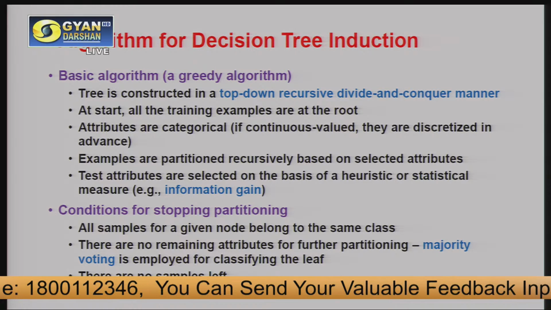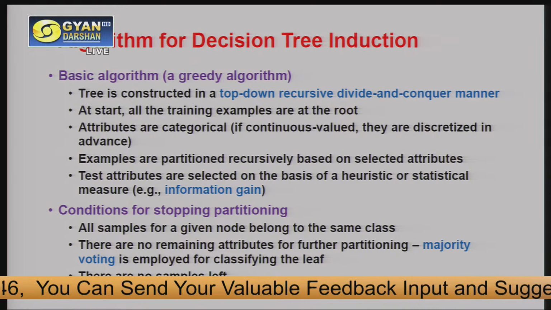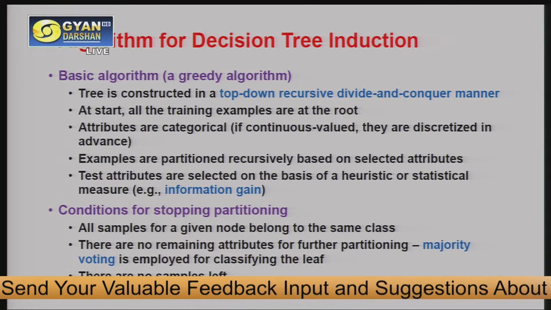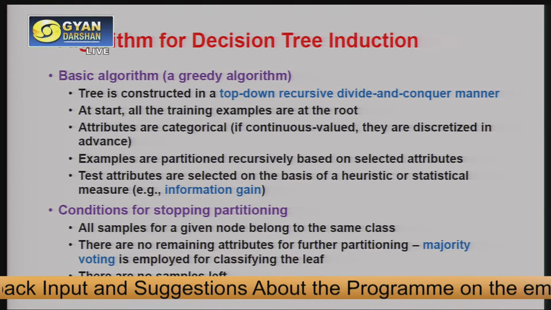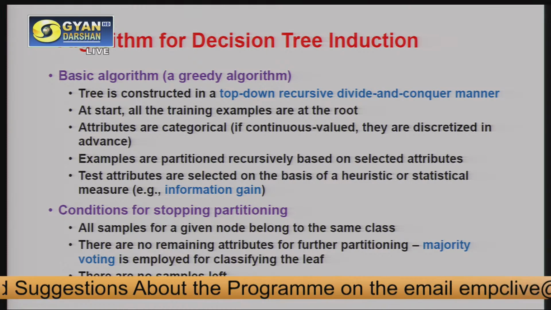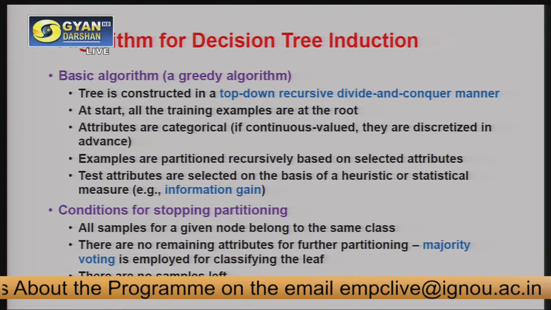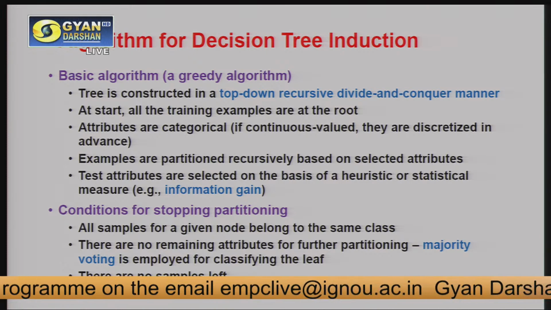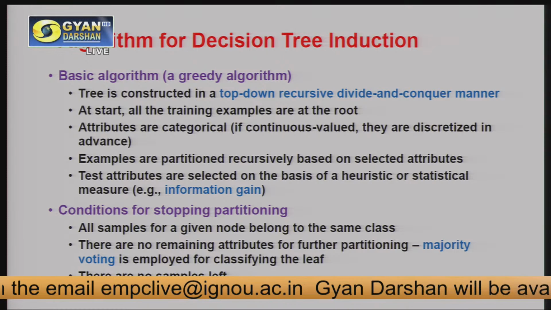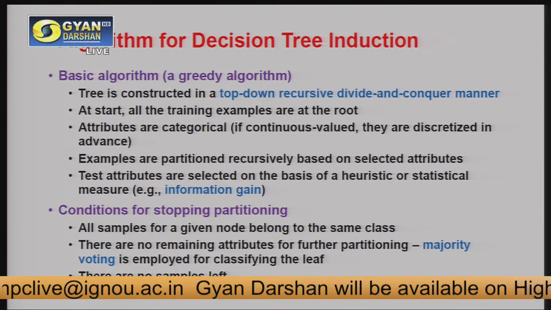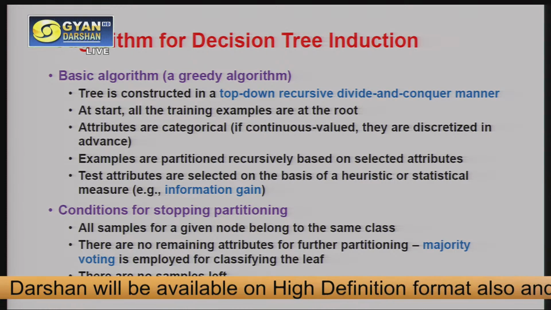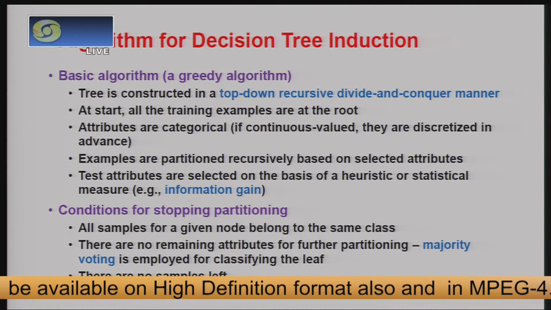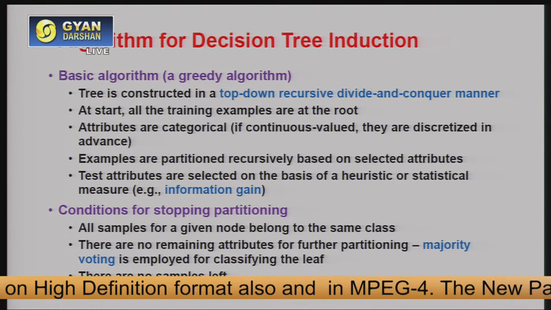This is what exactly we talked about in the last class. Briefly, once again, I'm going to talk about how the decision tree works. In the basic algorithm, the tree is constructed in a top-down recursive divide and conquer manner. In the beginning, all the training examples are at the root, and all the attributes are categorical; if they are continuous values, they are going to be discretized in advance.